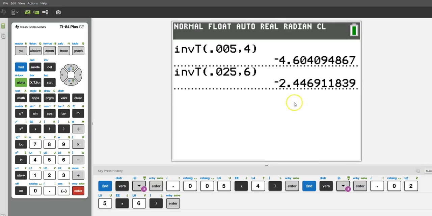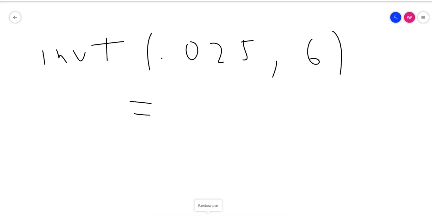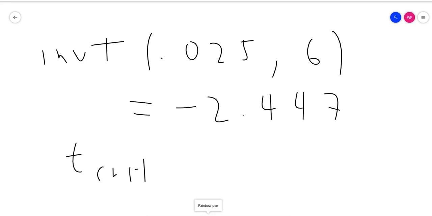This is minus 2.447. And by the symmetry, the critical t-values, t-crit, I'll write it that way, would be plus and minus 2.447.